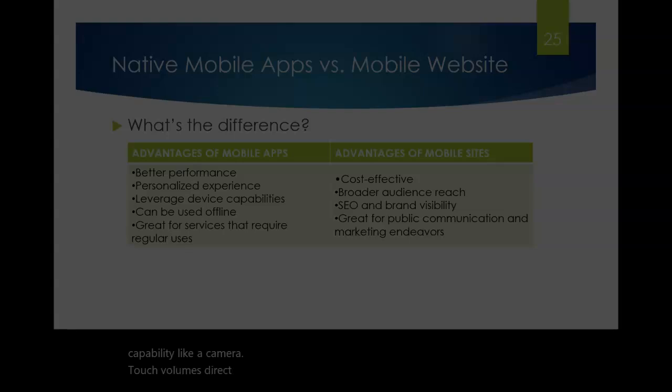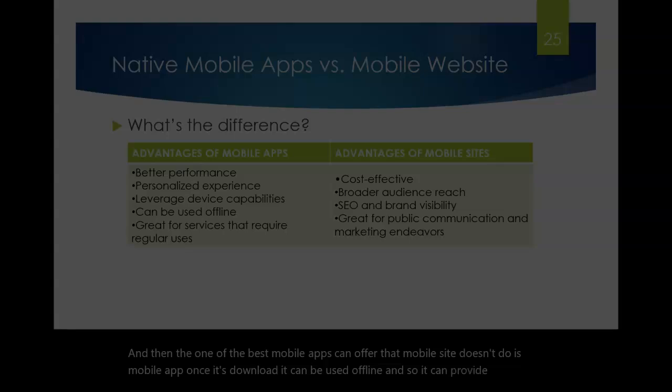And one of the best things mobile apps offer that a mobile site doesn't is that once the app is downloaded, it can be used offline, so it can provide great services that require regular use.